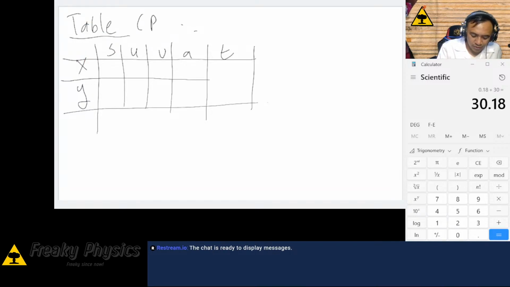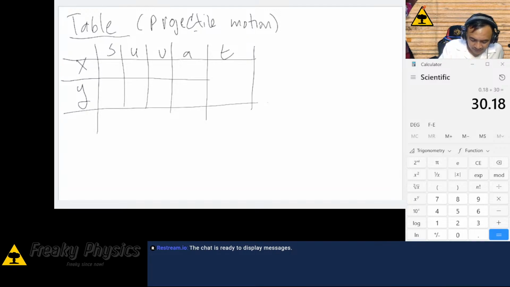One-dimensional motion is very easy. You don't need the table. But to make it more consistent, I would suggest that you use the table whether you're doing one or two-dimensional analysis.